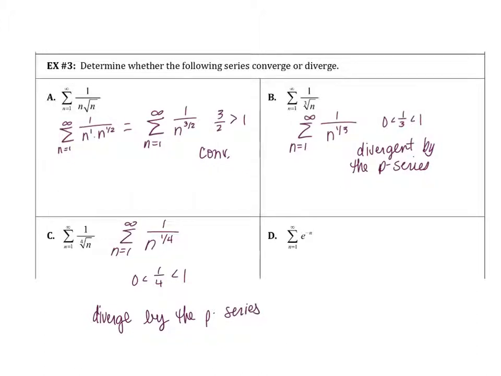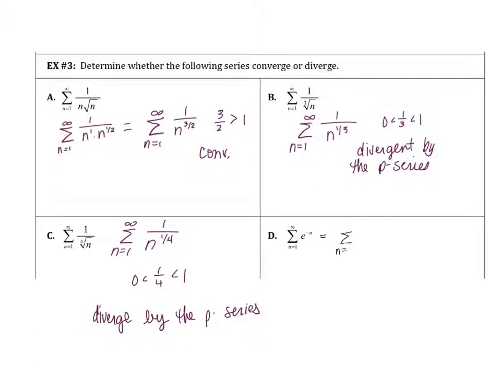Okay, so with part D, it just says for us to determine whether this converges or diverges, and sometimes there's easier ways to do things than what we had already been doing. So with this one, I would just flip over that e to the negative n.